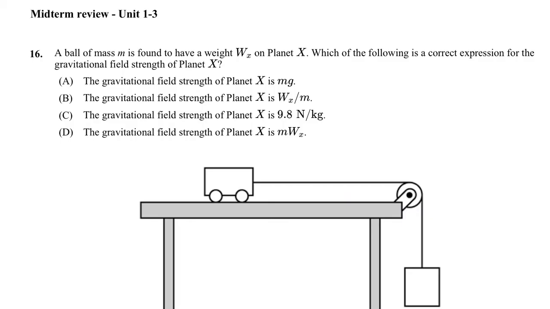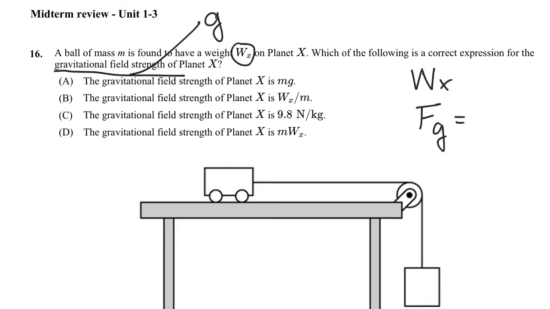Number 16. A ball of mass M is found to have a weight Wx on planet X. Which of the following is a correct expression for the gravitational field strength of planet X? Gravitational field strength, that's just some fancy word for g. So if a ball has a weight of Wx, Wx is just a fancy way of saying F of g.